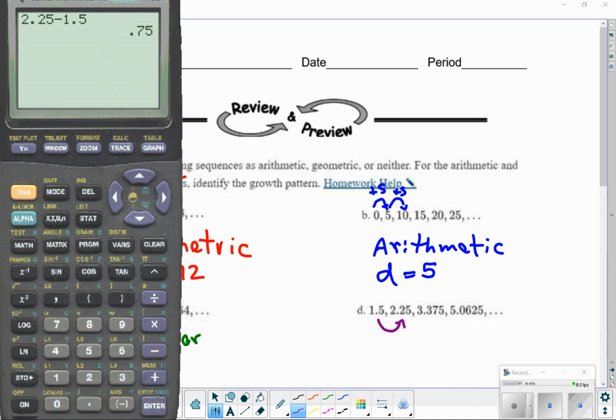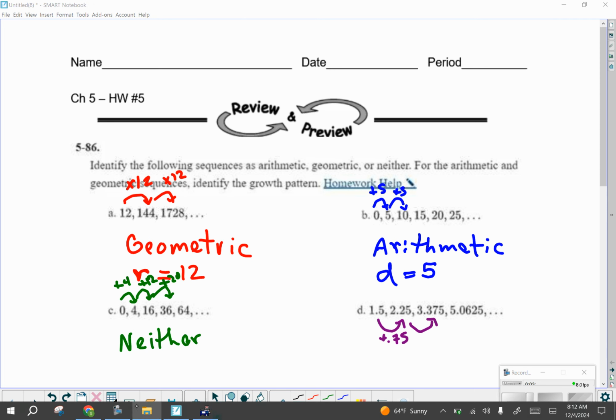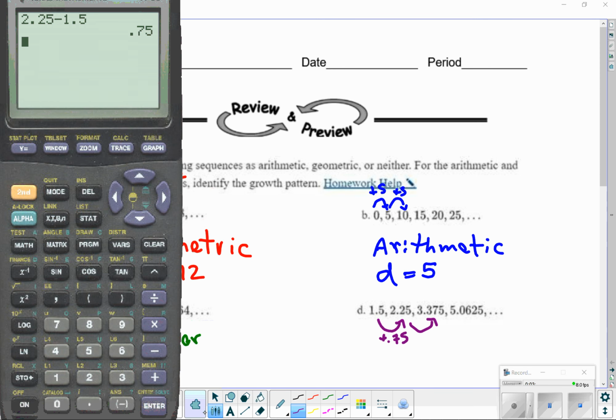So that tells you that you're actually adding 0.75. And let's see if that's the same thing. So 2.25, am I adding 0.75? 2.25 plus 0.75, does that work? That comes out just to be 3. So that's not adding the same thing.